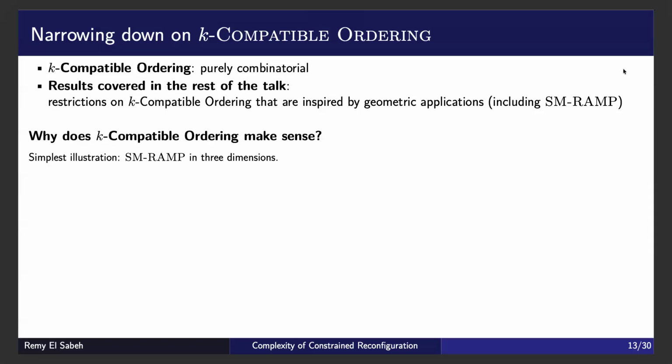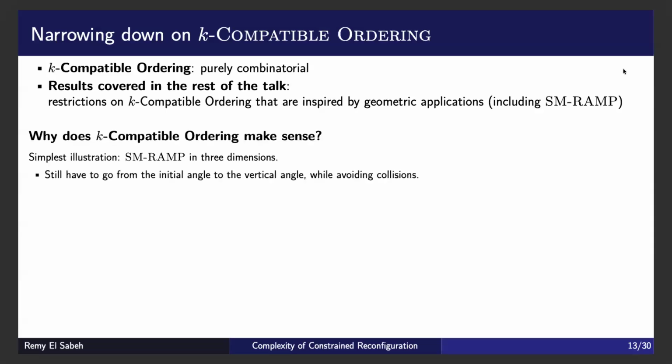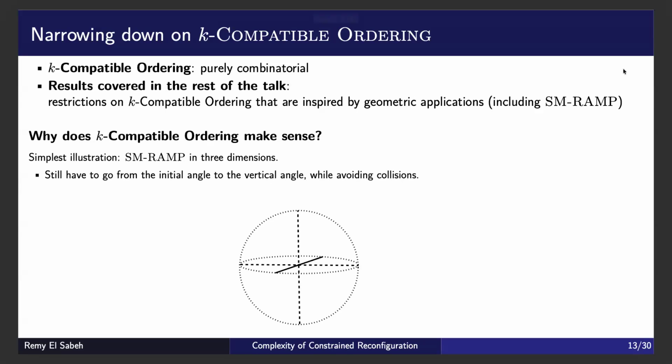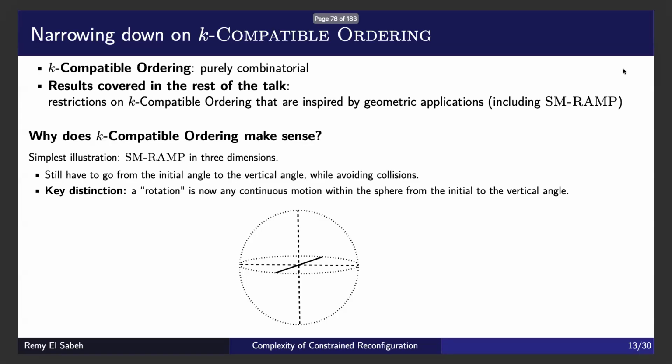The simplest way of seeing things is by considering SMRAM in 3 dimensions. So now, instead of needing to make something vertical in 2D, we want to move this arm that's in the flat plane upwards. Everything else is kind of the same. We still want to avoid collisions, and we're still moving an arm exactly once.